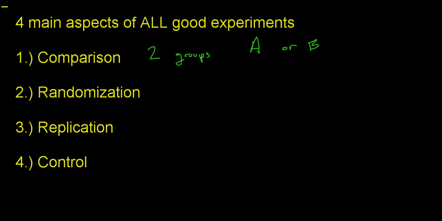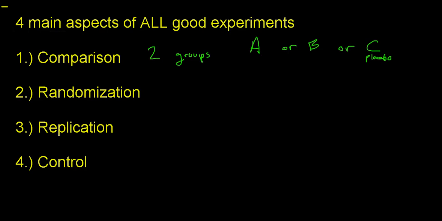I could have another group, group C, that gets a placebo, but I don't have to. Now, if all I want to know is, does medication A work? Well, then yes, I have to have another group to compare it to, which in that case could be a group C that gets nothing, a control group that gets a placebo. But the point I'm trying to make is that in any good experiment, you got to have at least two groups to compare.